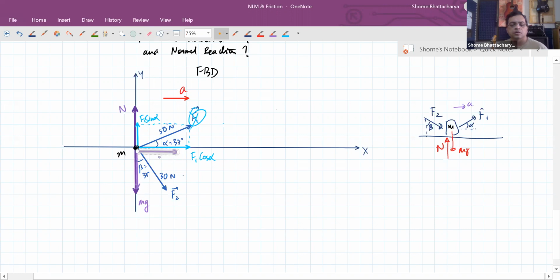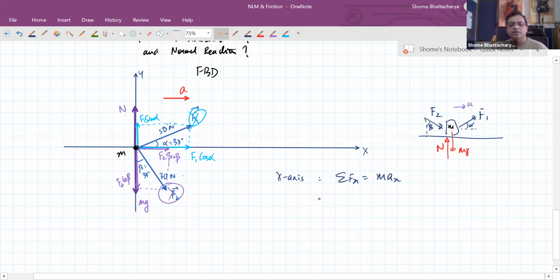Okay, so this is F2 sin beta, and this is F2 cos beta. So we have resolved F2 also. Okay. So now we can see that along our x-axis, the component of net force should be equal to mass into x component of acceleration.